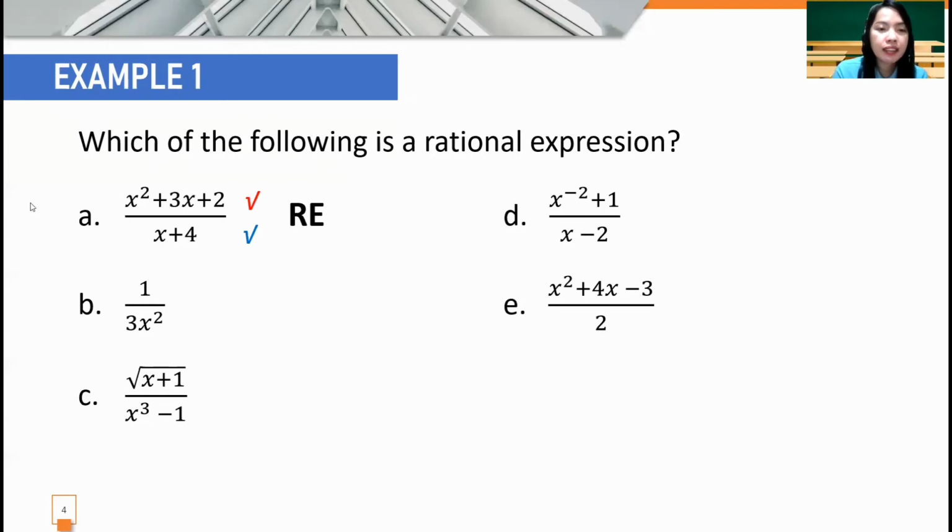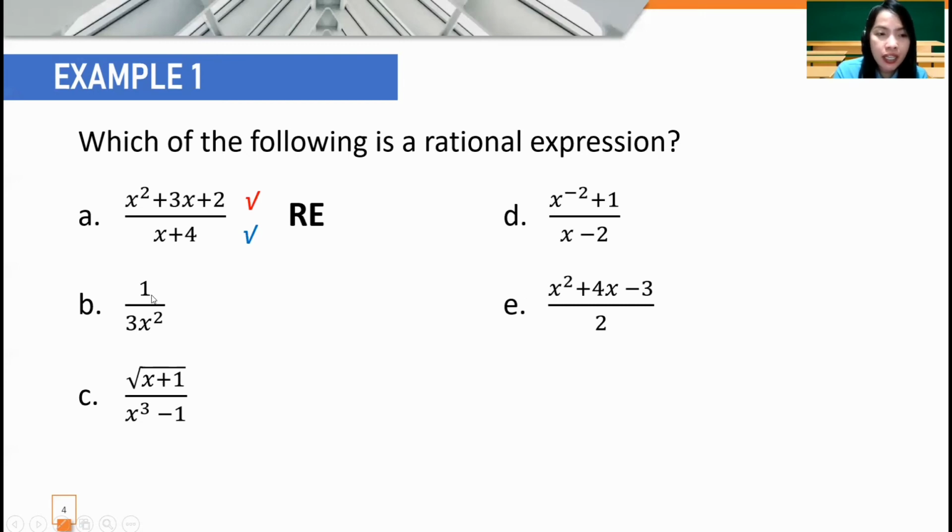Letter B. In the numerator, we have 1. In the denominator, we have 3x squared. According to the definition of rational expression, dapat yung numerator ay polynomial. 1 is a polynomial. Ang sabi sa definition ng polynomial na ang polynomial can be a constant.